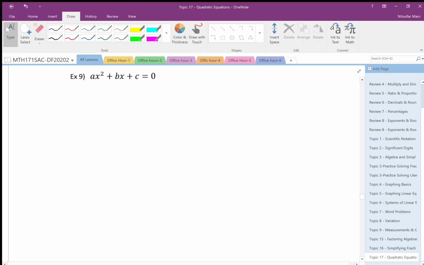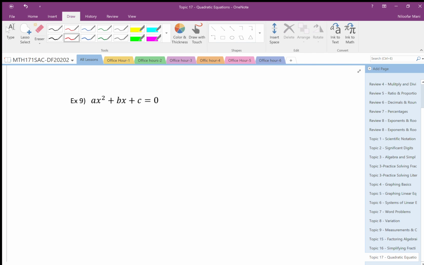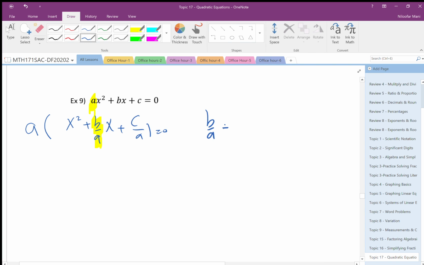Okay, so I have this and I want to solve it. What should I do? Okay, I factor a: x squared plus b over a x plus c over a equals 0. Then I check this. Okay, so b over a, I divide it by 2, which is b over 2a.